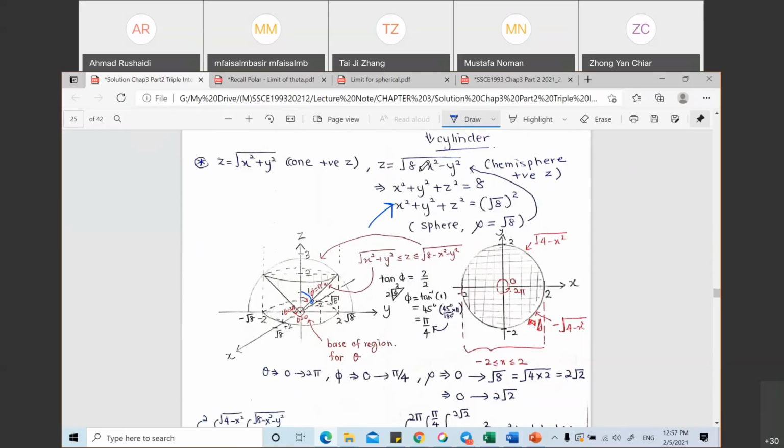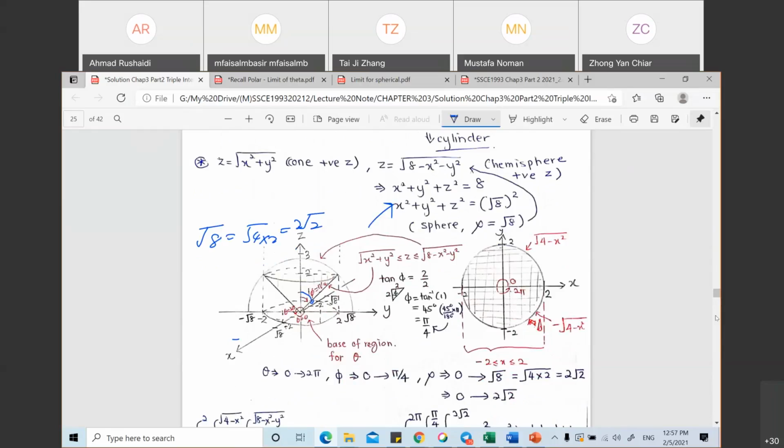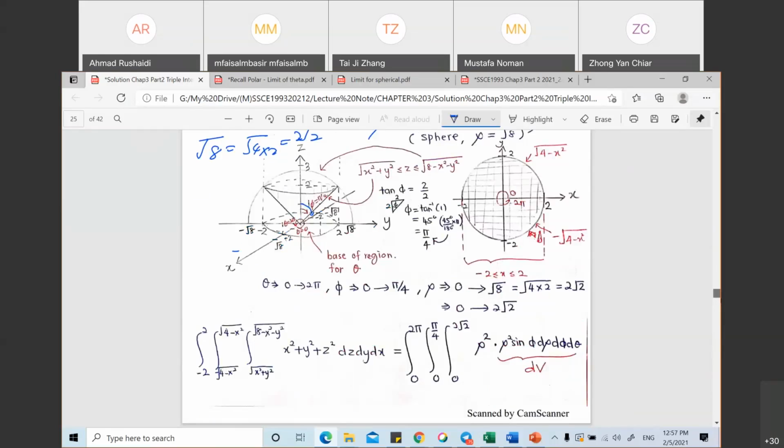So if they give it like this, you can square both sides, and then this 8 must be square rooted. Square root 8 is just 2 square root 2, which is 4 times 2, so 2 square root 2. So that's why your radius of the sphere should be 0 to 2 square root 2.